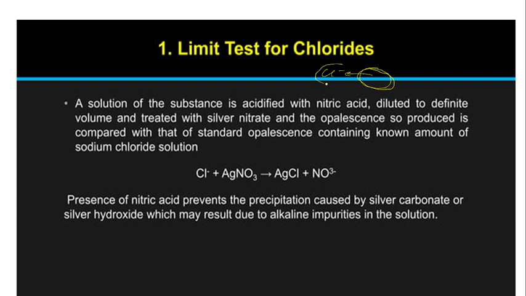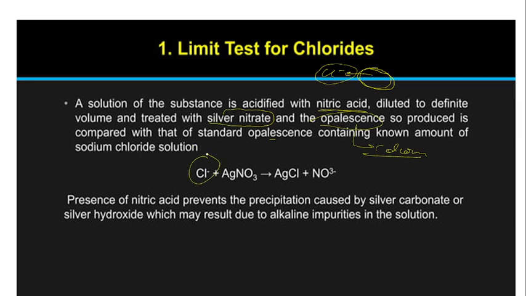The very first step is to acidify the solution with nitric acid, dilute to a definite volume, and treat it with silver nitrate. The opalescence so produced, which is basically a color, is compared with that of a standard opalescence containing a known amount of sodium chloride solution.